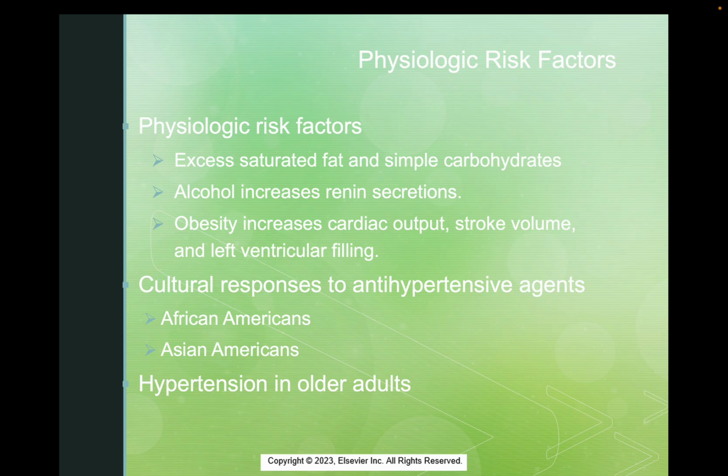And then hypertension in older adults. Usually as people age, obviously they are at an increased risk, if they have hypertension, to have secondary issues from that, including stroke and MIs, and usually this is a long-term result of lifestyle factors that have compounded and led to hypertension.